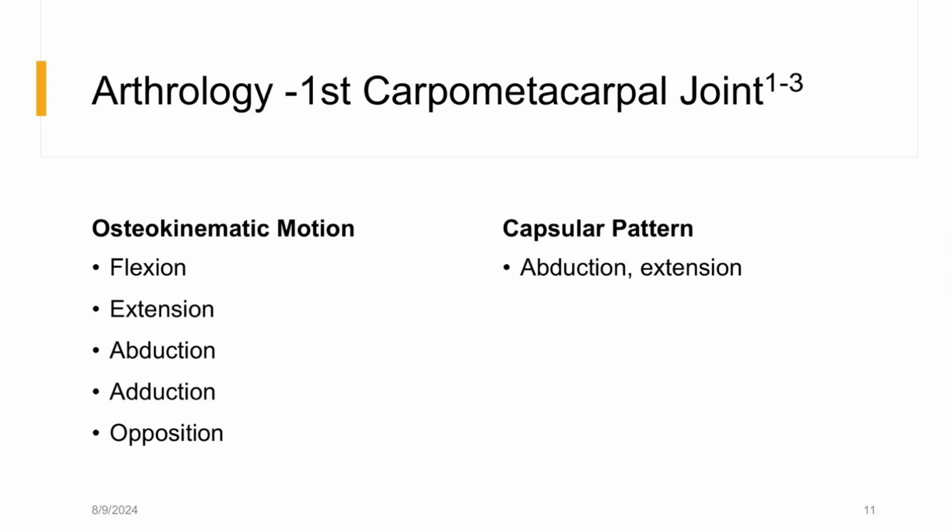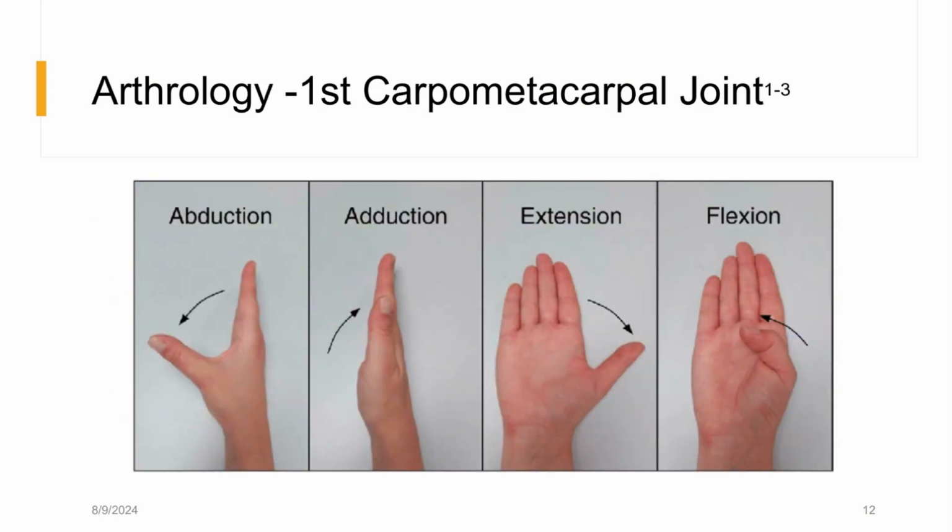These trip students up in the practicals. So make sure you know that flexion is moving your first metacarpal towards your fifth metacarpal. All right. So that's flexion. Extension is moving your CMC joint away, going in the opposite direction of flexion.